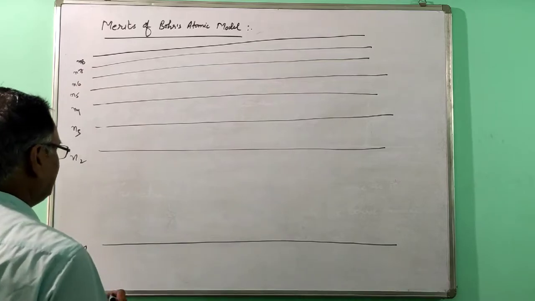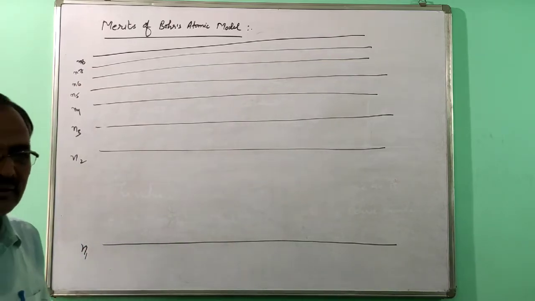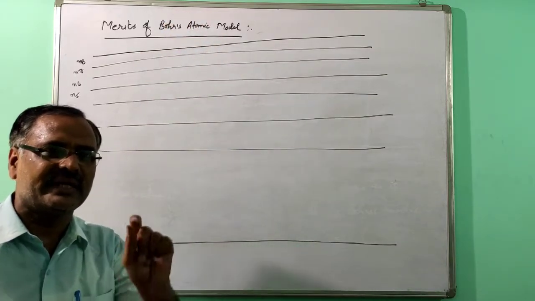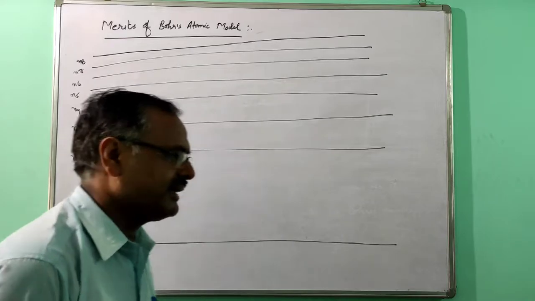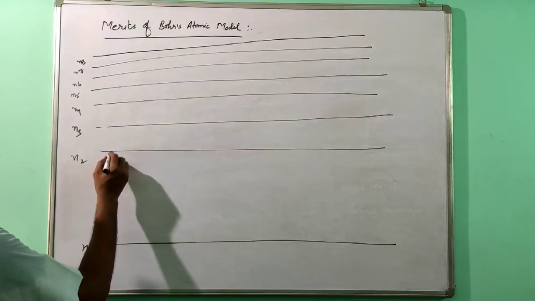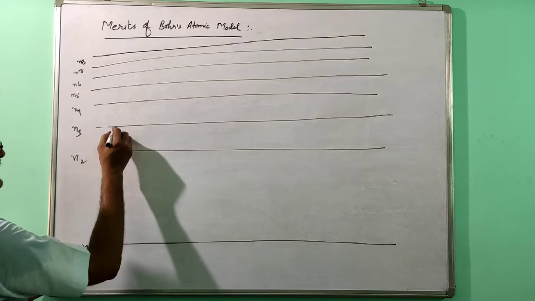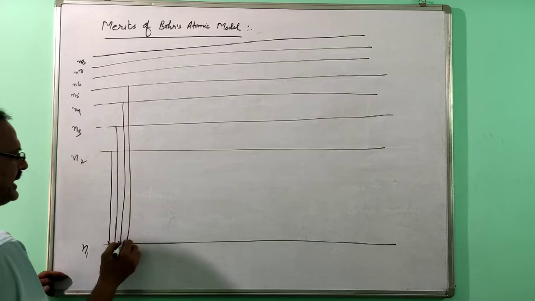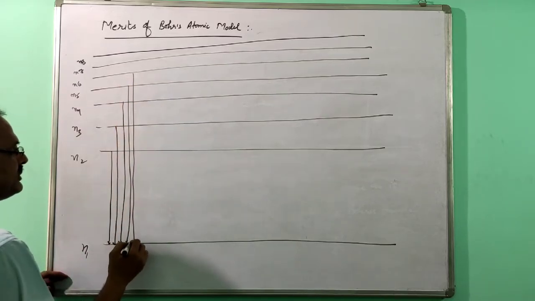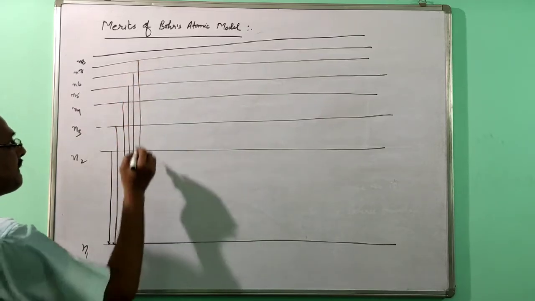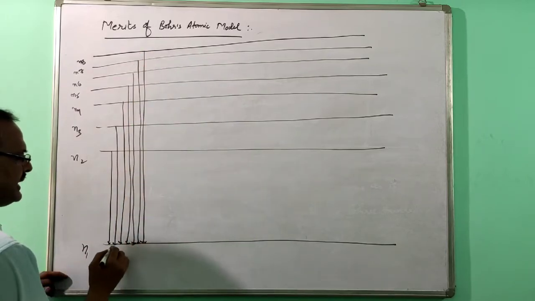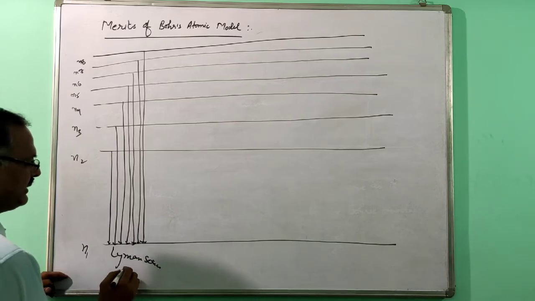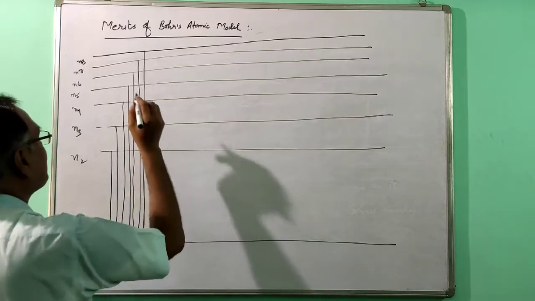When the atom is heated, the electron will go to a higher energy state. When they are coming to the lower energy state, they will radiate a definite amount of energy, of definite frequency. So if the electrons are coming from the higher energy states to the first, you are getting the Lyman series, which is in the ultraviolet region.